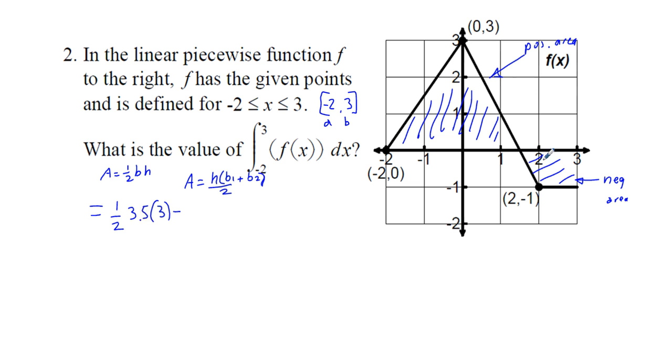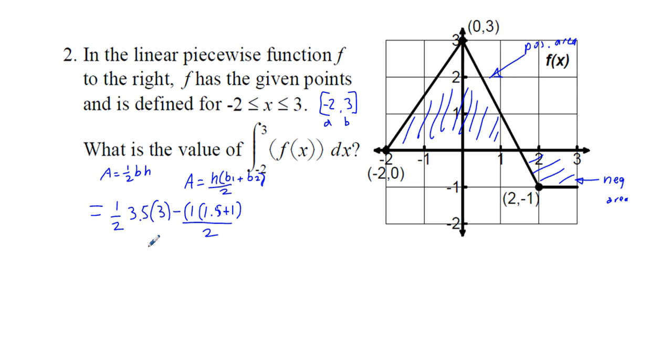Our height is 1 unit, times base 1, which is 1.5, plus base 2, which is this value of 1 here, and we divide that by 2.